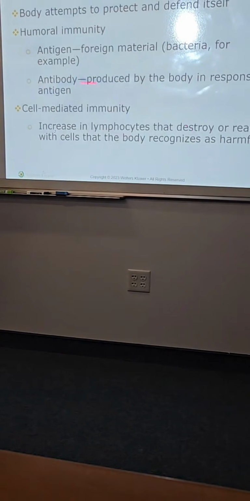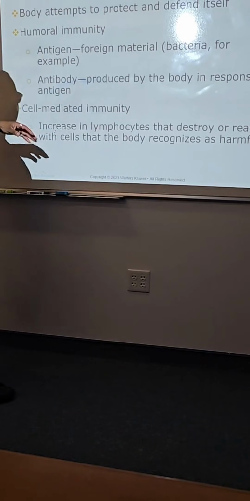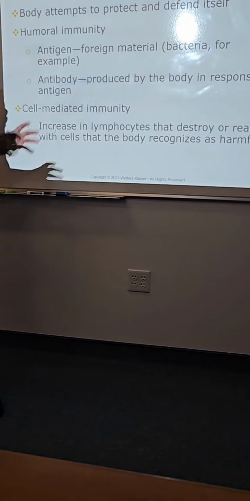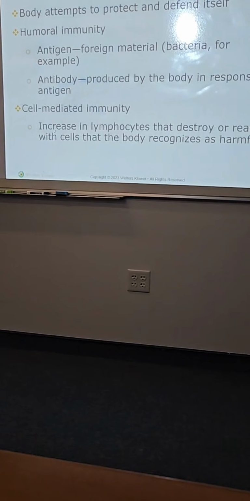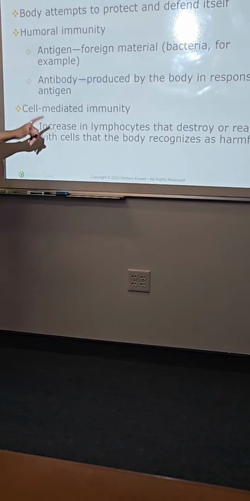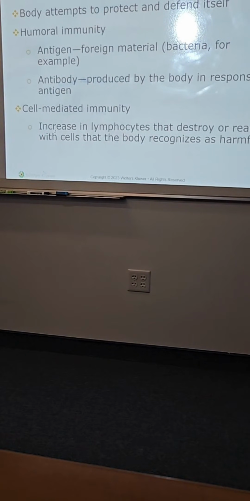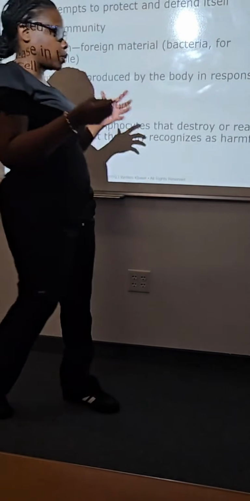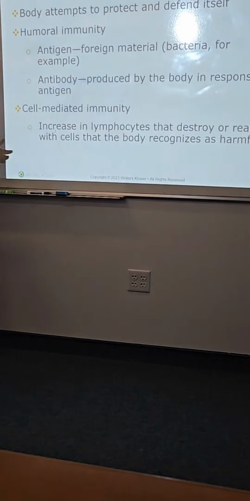We're going to talk about this again, especially when we do blood transfusions later on. Then you have cell-mediated immunity, where there's an increase in lymphocytes that destroy the pathogens, or react to cells that the body recognizes as harmful. Sometimes with cell-mediated immunity, this is where you also see autoimmune disease start to take place, where the body looks at itself as a danger, which is even more dangerous.